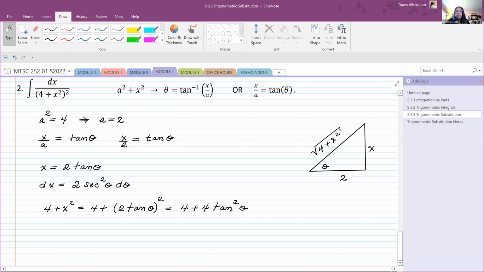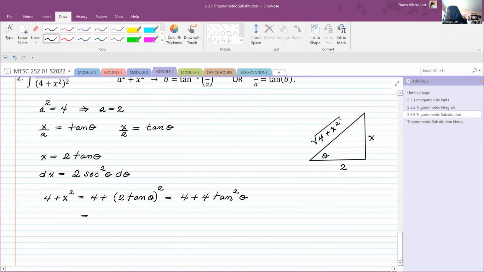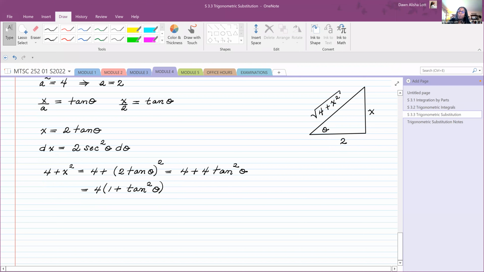Okay, we're getting somewhere. Factor out the 4, and that leaves 1 plus tangent squared theta. And we remember from the formulas I told you to remember yesterday that 1 plus tangent squared is secant squared. So 4 plus x squared is 4 times secant squared theta.